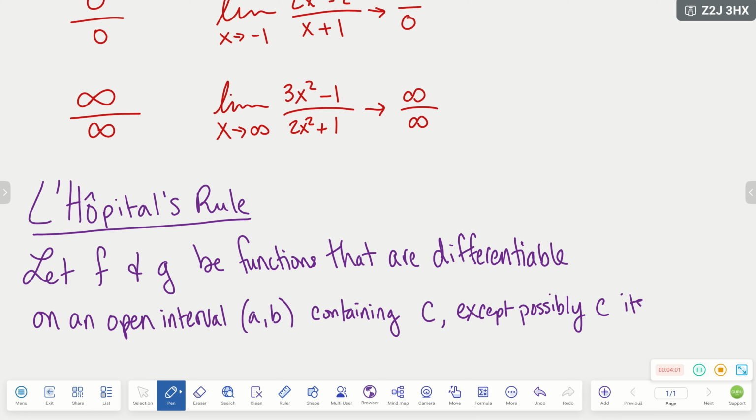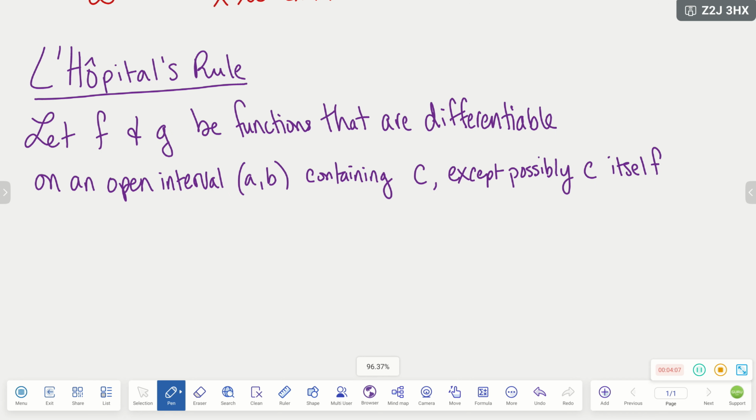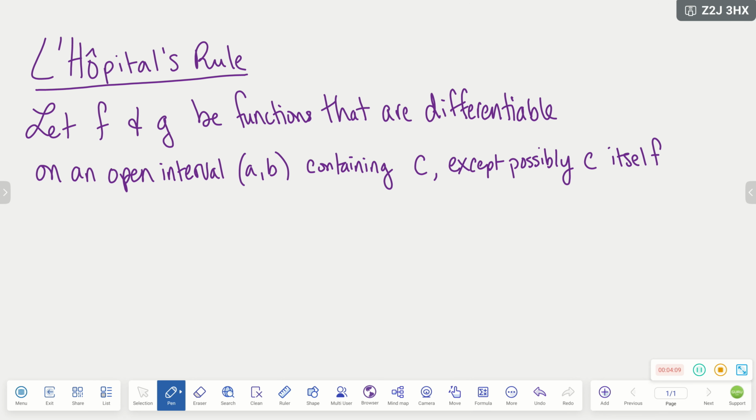So it can be differentiable, which means it's continuous on the interval from a to b, which includes some point c, except there might be some point where c does not exist.